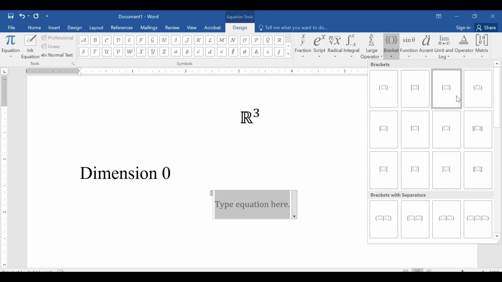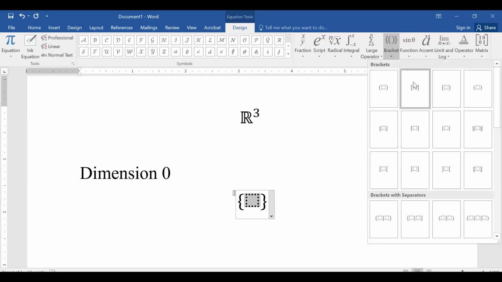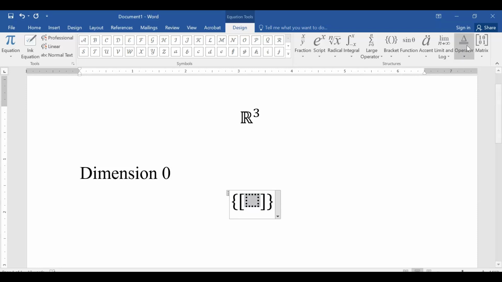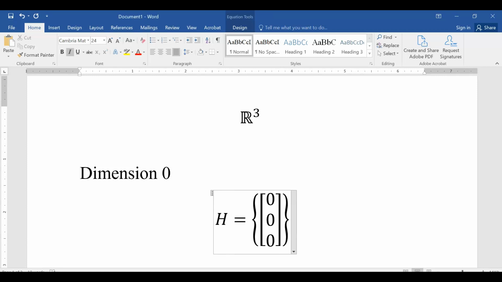Well, the only set that has dimension 0 is the set containing the 0 vector. So we would have to let my subspace be equal just to the set containing the 0 vector. All right, that's the only set of dimension 0.